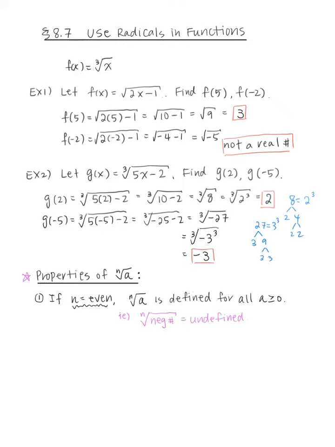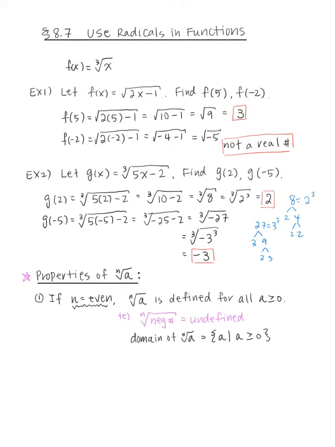So let's go back and review the properties of nth root of a. Now, if n is even, for example, maybe square root or fourth root, nth root of a is defined for all a that are greater than or equal to 0, which means that if n is even, nth root of a negative number is going to become undefined, which also tells us that the domain of nth root of a when n is even is the set of all a values such that a must be greater than or equal to 0.